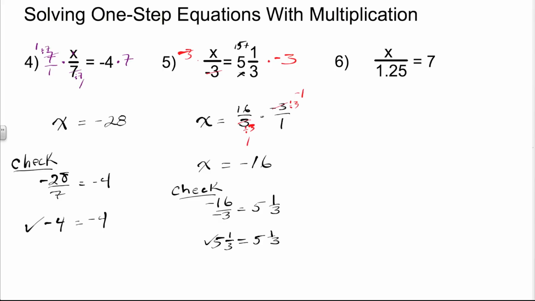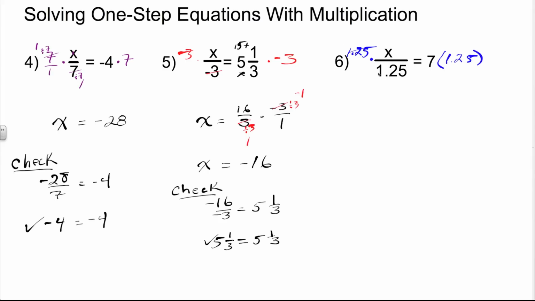Number 6, what we have to do is solve the equation x divided by 1.25 is equal to 7. Since the variable is being divided by a number, we're going to multiply each side by that number that is doing the division, or in the denominator, or below the variable. So multiplying each side by 1.25.